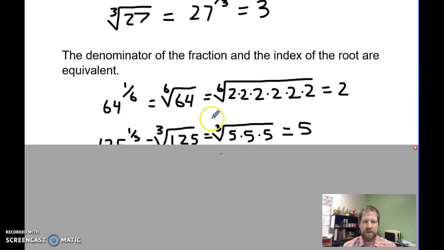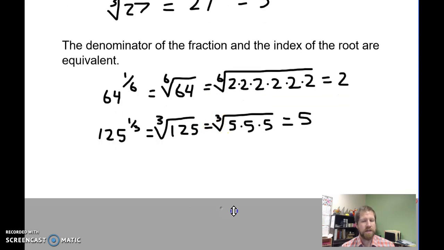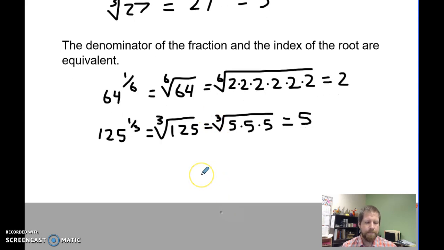Now, to solve these, you're generally going to be using a calculator, because once you get up to sixth roots, even third roots become pretty hard to figure out without a calculator. But basically, you have your fractional exponent, 64 to the 1/6, which is the same as the sixth root of 64.